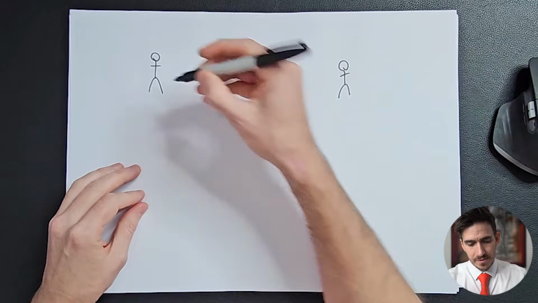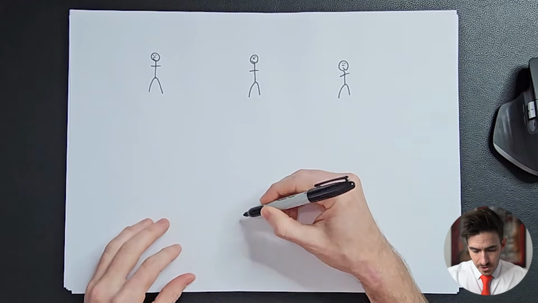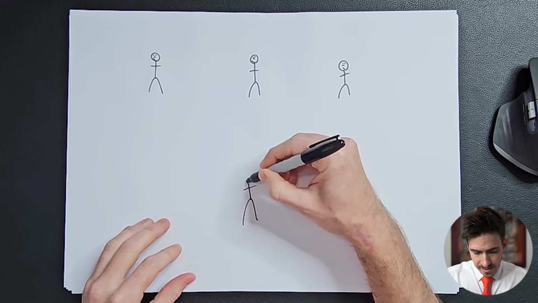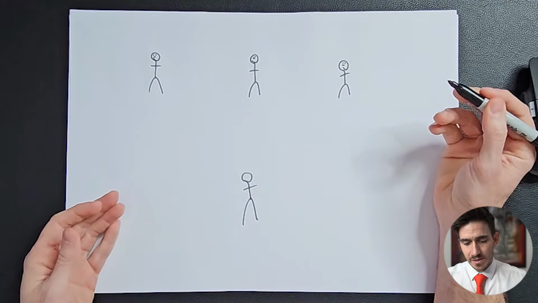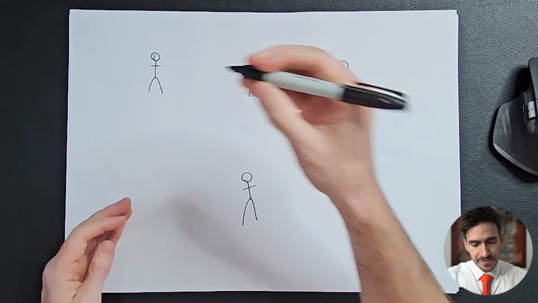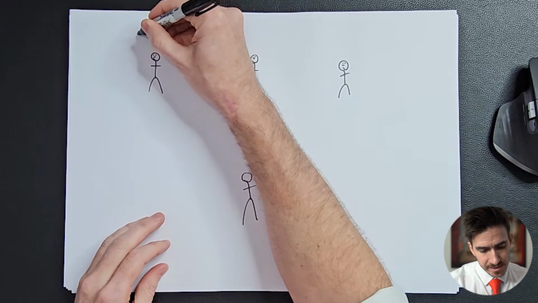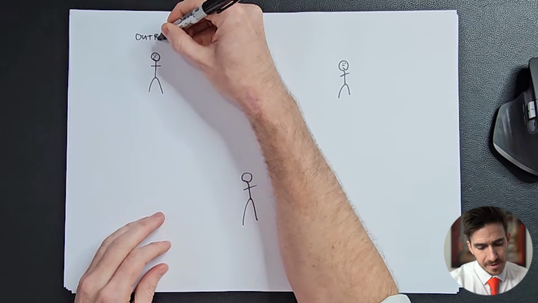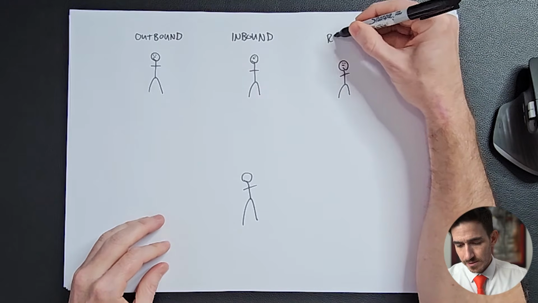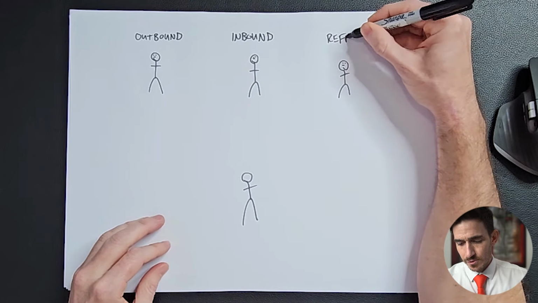There we go. I'll give them all a bit of a face. And you've got you and your business down here, and you would like all of these to become clients of yours. So the 3 different ways you can go about generating leads is outbound, inbound, and through referrals or word of mouth type marketing.